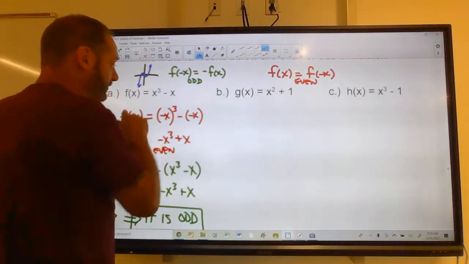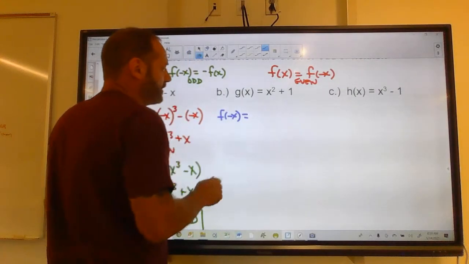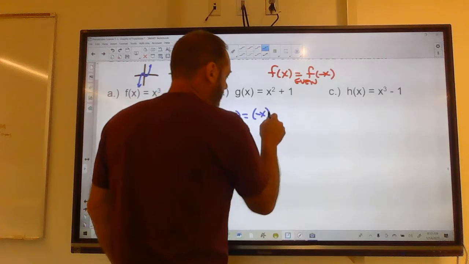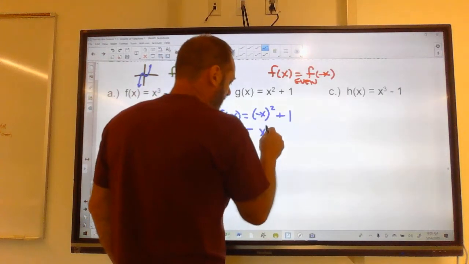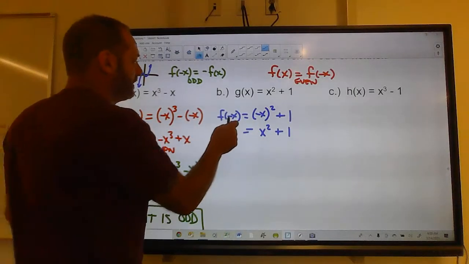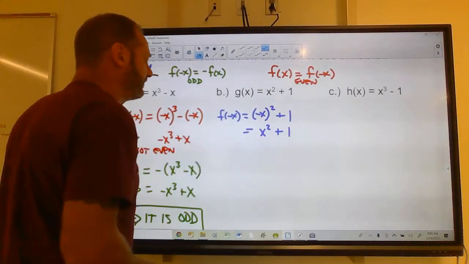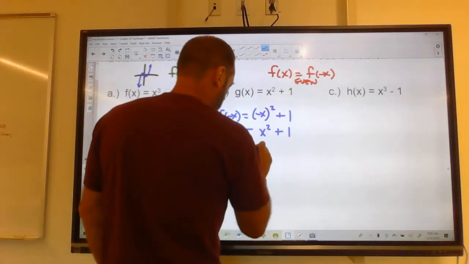So the first thing we'll do is we'll find f of negative x. So we'll plug in, we'll get negative x squared plus 1, which is just x squared plus 1, because the negative times the negative is a positive. Hey, f of negative x is equal to f of x. This thing is even.